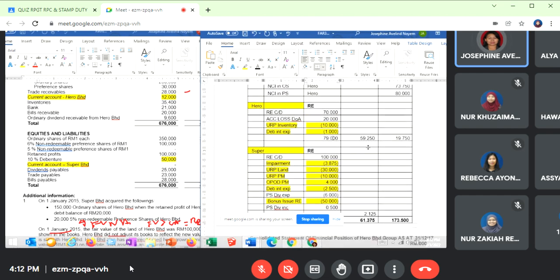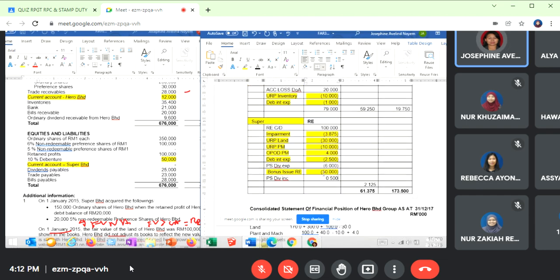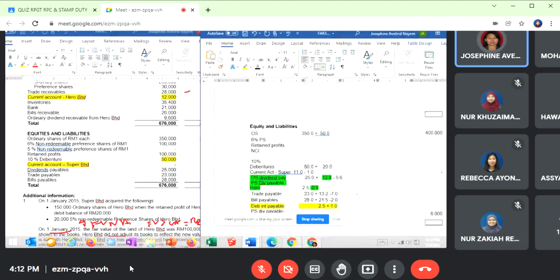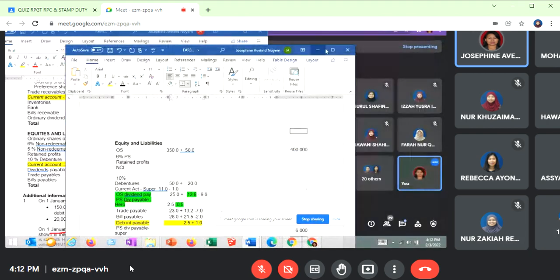For the parent, you add it with the parent's own reserve, which is adjusted for all these items, including the preference dividend that we discussed earlier on. This is the appropriated preference dividend. This is the dividend income from subsidiary, which has not been provided. So we add all that. So we complete our consolidated statement.